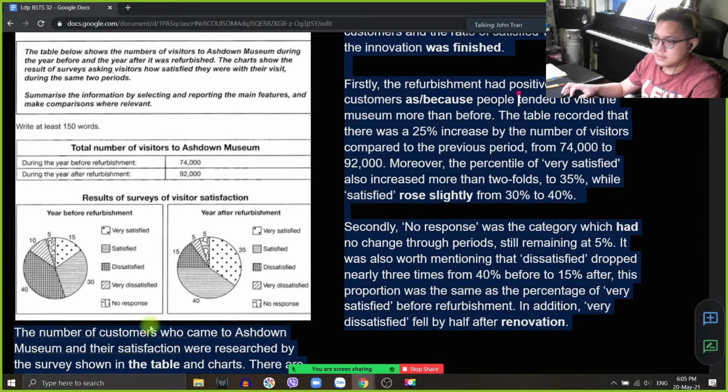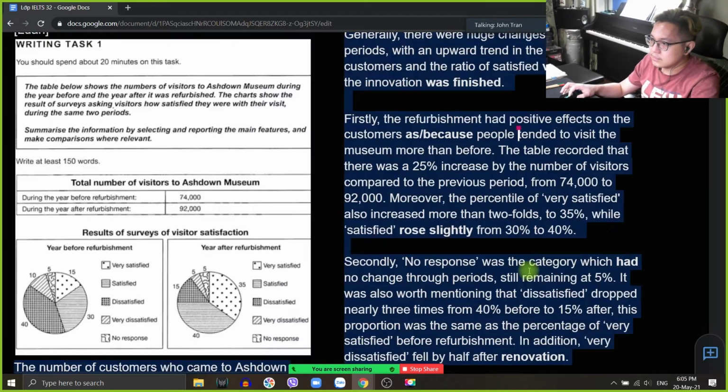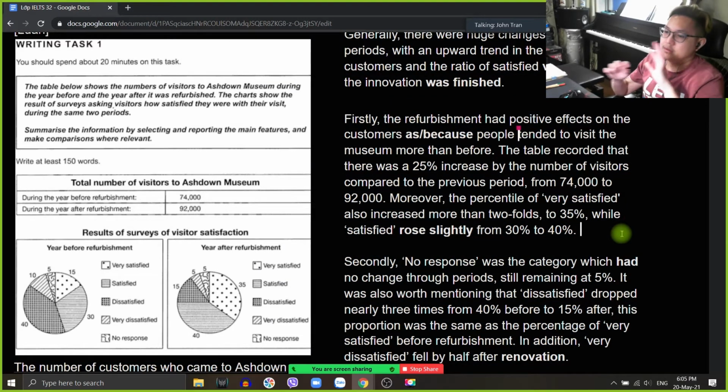Okay. It looks okay, 186. Right. But if you write like this correctly, you can get to band 6.5, I think, for writing task 1. But if you want to make it sound more artistic, more convincing, if it sounds like it has a style, you will get band 7.